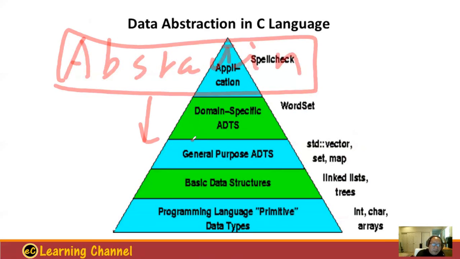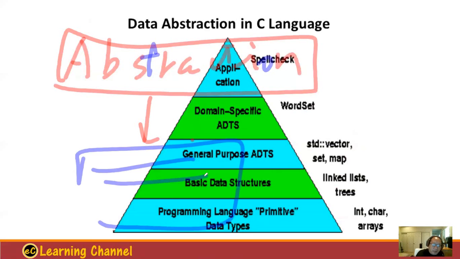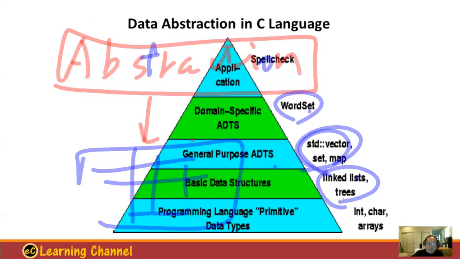My word set has tons of words, and it checks, oh, here I missed a T maybe, and here I missed an O maybe. So it checks against a big data set, that's the word set. And the word set is implemented by some vector or map or dictionary, and the dictionary is implemented by some linked list. The linked list actually contains a lot of integers. That's how this abstraction works.